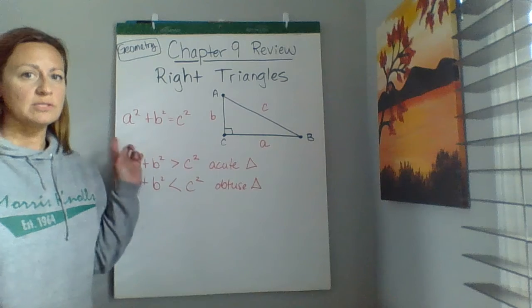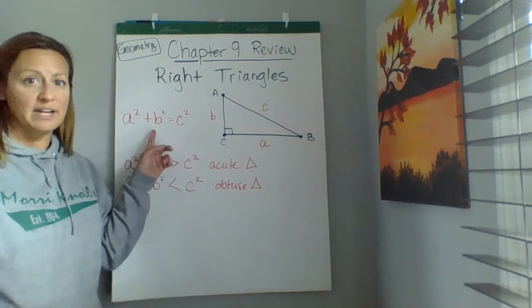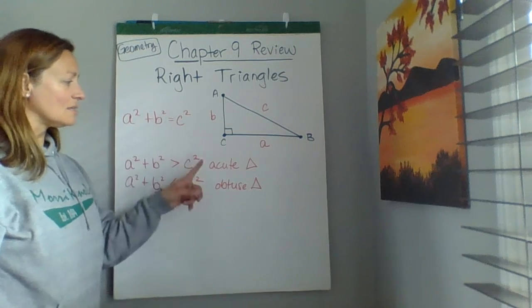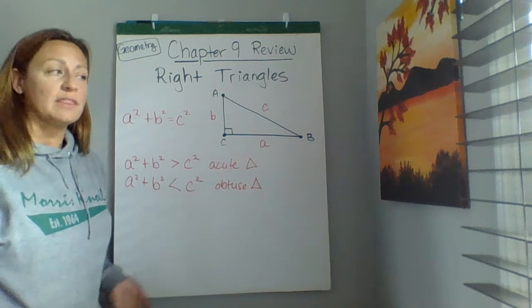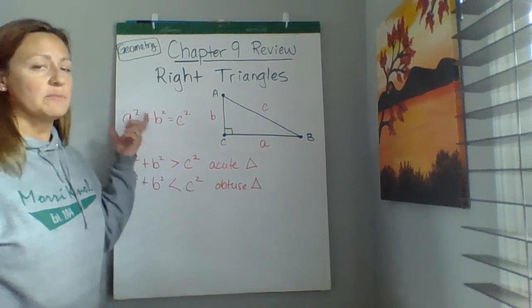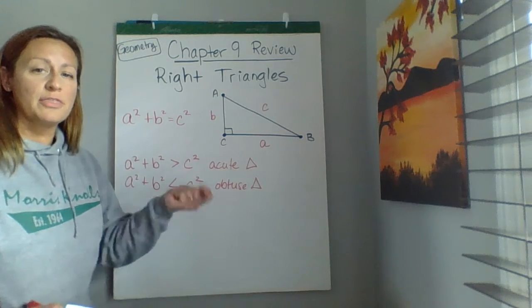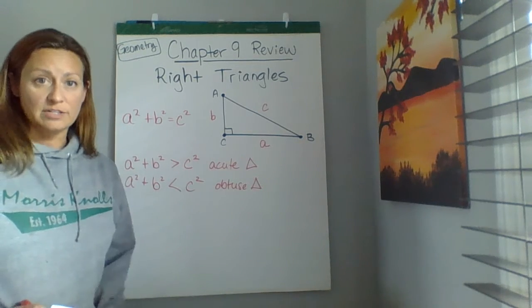So you can actually use the Pythagorean theorem to either classify a triangle as right, acute, or obtuse, or you can use the Pythagorean theorem to plug numbers in and solve for the third side if you know it's a right triangle.